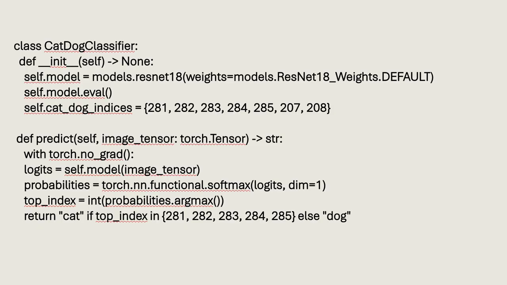Now coming to the next function, which is the predict function. We'll go line by line. This code defines a function named predict that takes the image, which is already converted into a tensor, and predicts whether the image contains a cat or dog using the trained deep learning model.